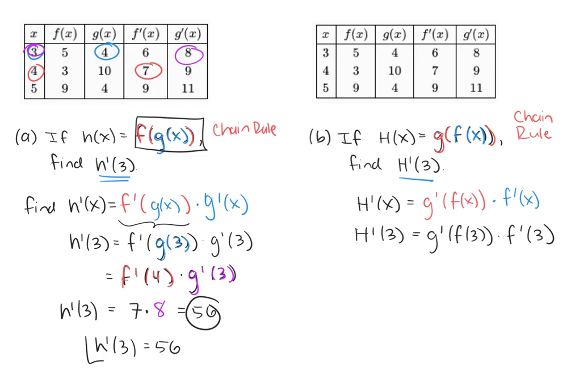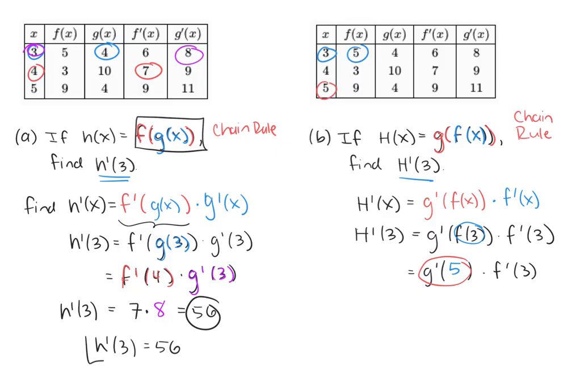Okay, so let's just start with what is f of 3. So when x is 3, f of 3 is 5. Okay, so that's 5. And then I still need to find g prime of 5 times f prime of 3. Okay, so now let's go to the table and ask, what is g prime of 5?